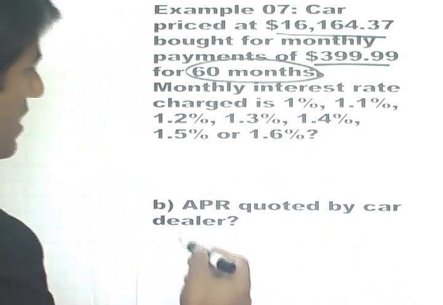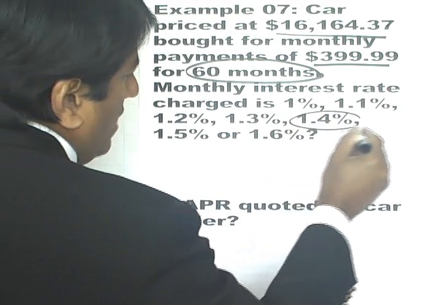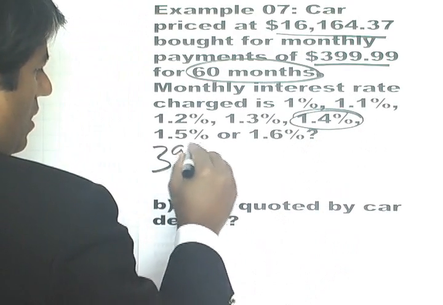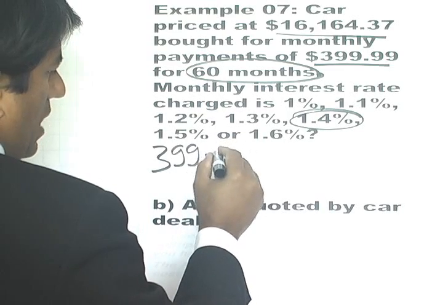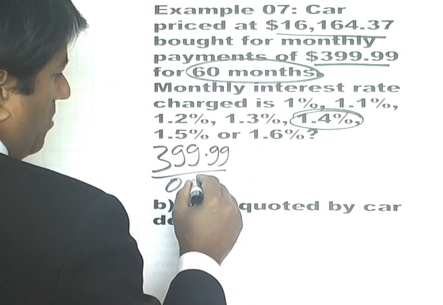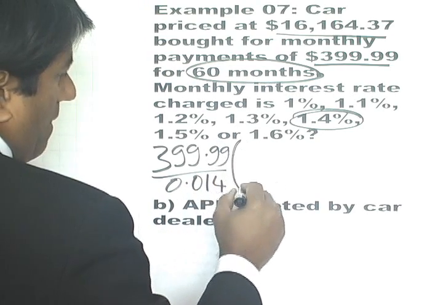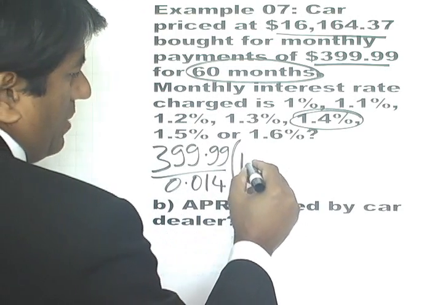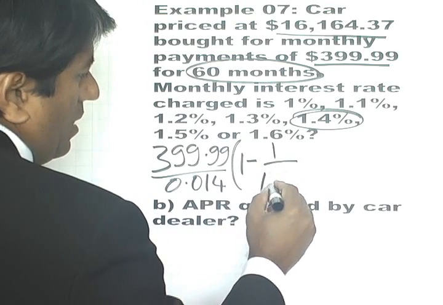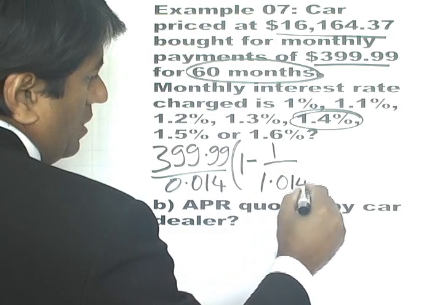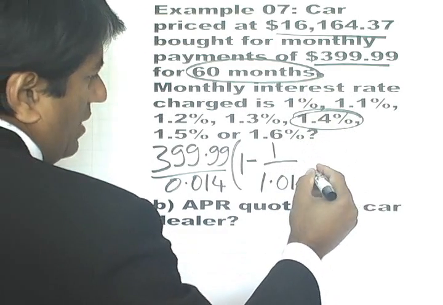But anyway, what you're going to see is that the right answer is 1.4%, and when you use 1.4%, then your annuity formula becomes the monthly repayment divided by the interest rate into 1 minus 1 over 1 plus the interest rate to the power n, and here n is 60.